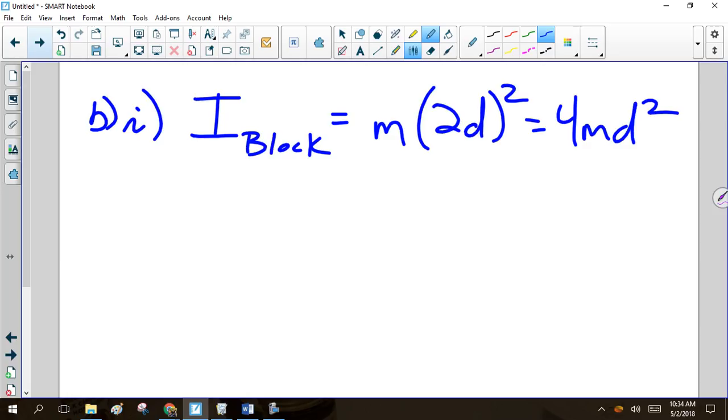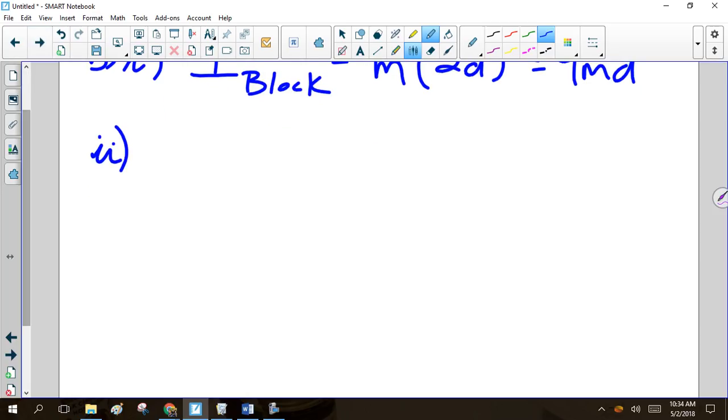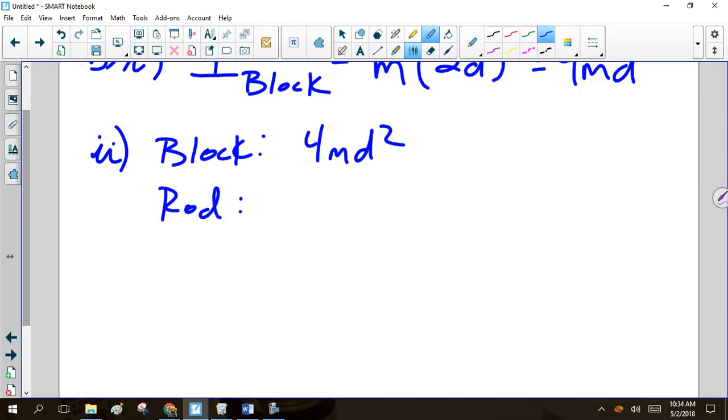All right. Roman numeral 2 wants an expression for the rotational inertia of the entire system. So, let's see. We just found the block. That's 4md squared, right? For the rod, it tells us that it's mr times d squared over 3, right?